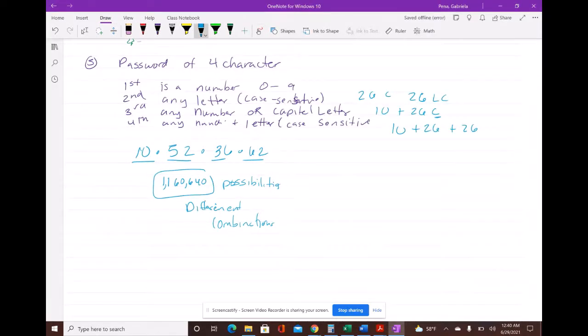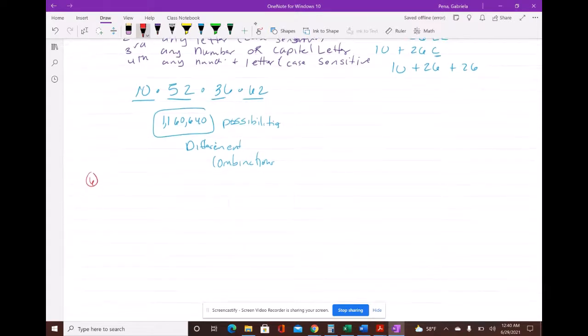Okay. Another question. They tell you that the population of this specific place is 350,000 people, and this was in the year 2005. There is an increase of 1.3% per year.